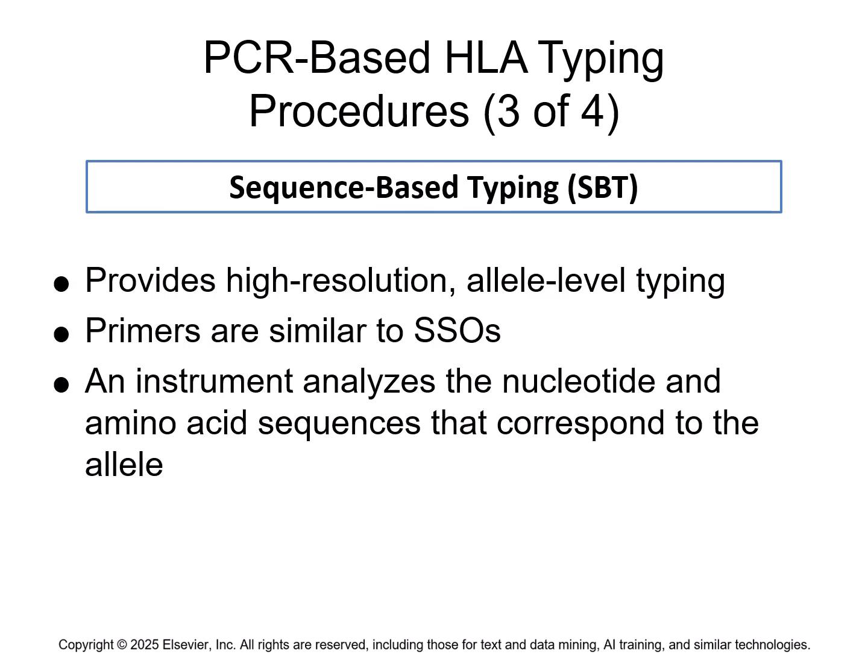The third procedure that we use in HLA typing is a sequence-based typing. And so this procedure starts out with a little bit of DNA. We make several copies of the region that we want to look at, and then we run that through a sequencer. And that provides a high-resolution allele level typing.